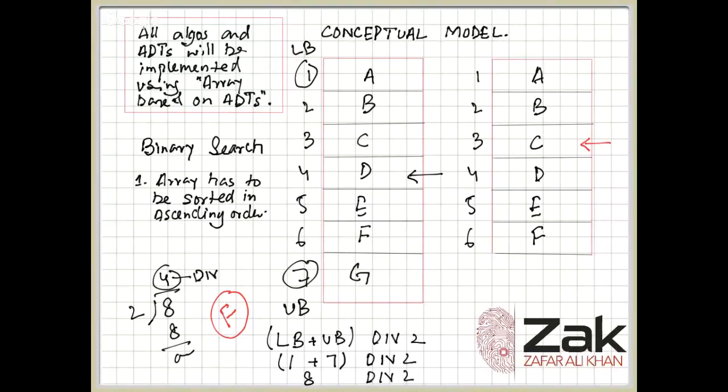So whatever it is, that is the middle. Then we have to compare the value with the middle. If the value at the middle is less than the value to be searched for, you will bring your lower bound to middle plus 1. Now this is your lower bound, 5.